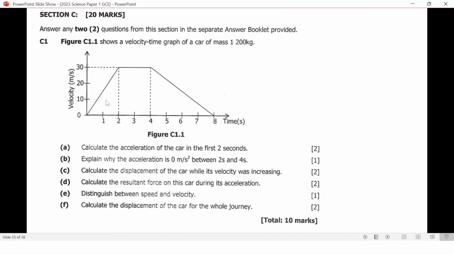Displacement is equal to the area under the graph, because they're saying calculate the displacement of the car while its velocity was increasing. This is the region in which the velocity was increasing, and the displacement is equal to the area under the graph. So the area under the graph is equal to the area of the triangle.